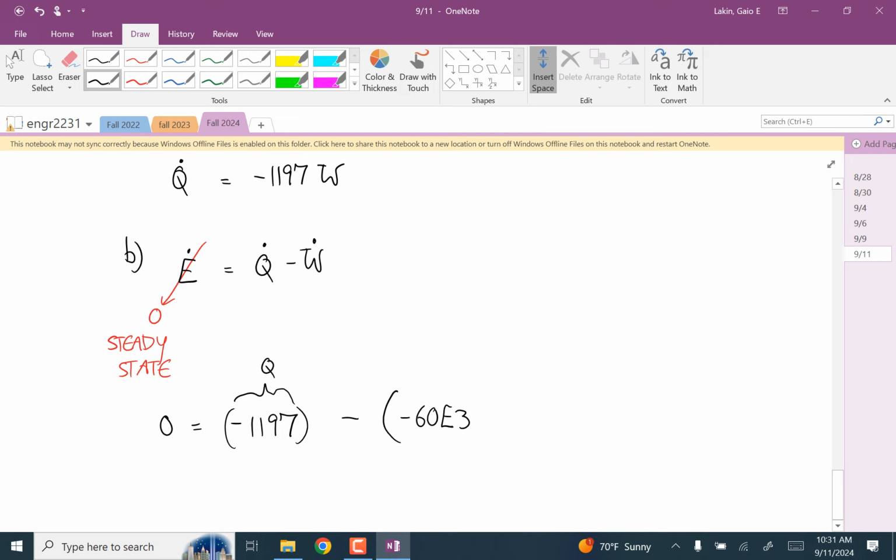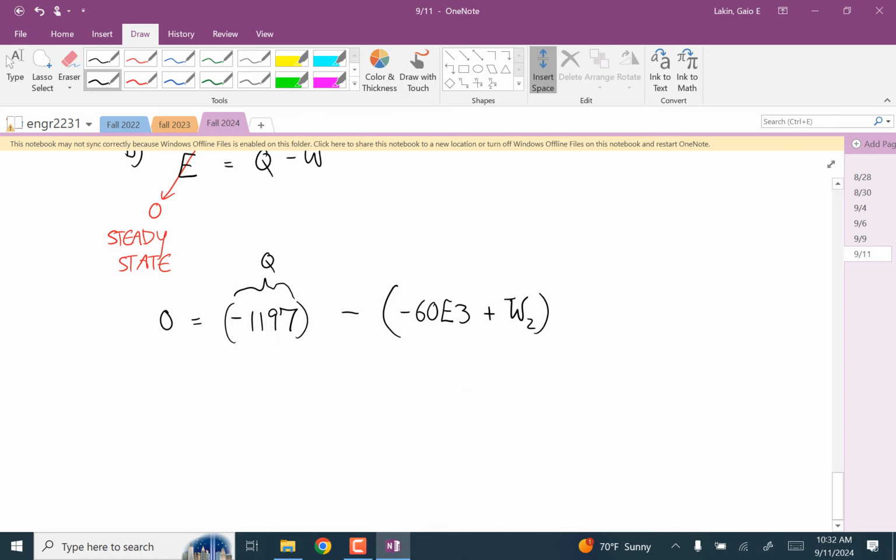And then the work that's being done by the gearbox on the surroundings, that's going to be a positive W2. So this is what we're trying to calculate. And so we have, let's see, 1197 is equal to 60 times 10 to the third minus W2.